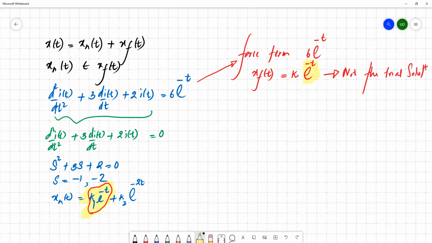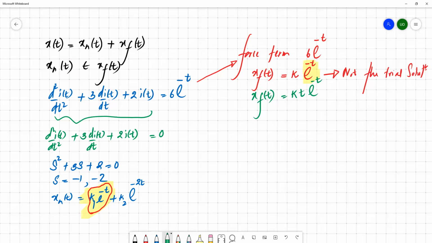So what we can do is linearly increase: we can introduce a linear term. Now the second proposal will be kt times e to the power minus t. Then again check with the natural response and see whether this second proposal is also embedded in the natural response.